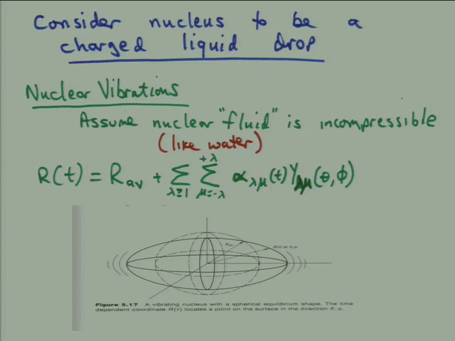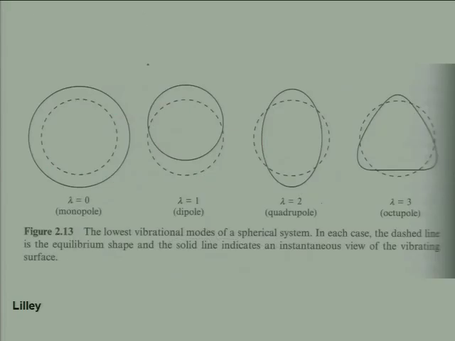So there's some average value which you could attribute to the ground state, and then there's some time dependence, and the way it's parameterized is in terms of these spherical harmonic functions we talked about before. Don't worry about this stuff. This is just to show you that it is understood how to do it, okay? But the point is you have some ground state radius, and then you have some oscillatory behavior superimposed on that.